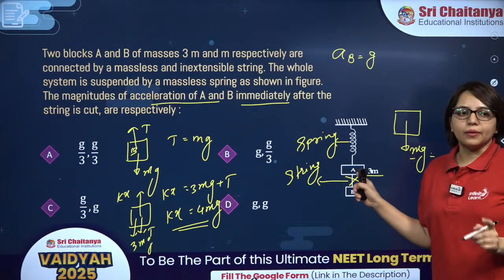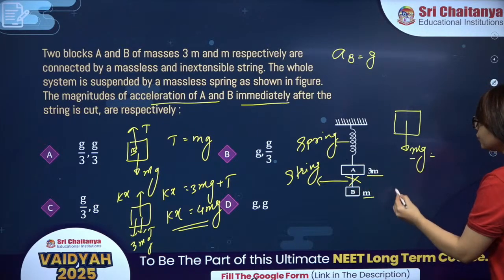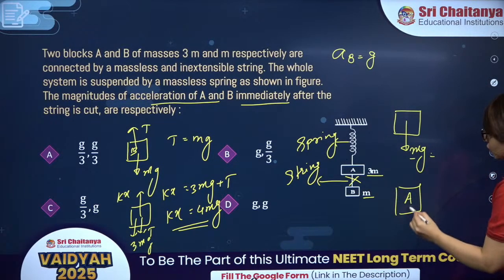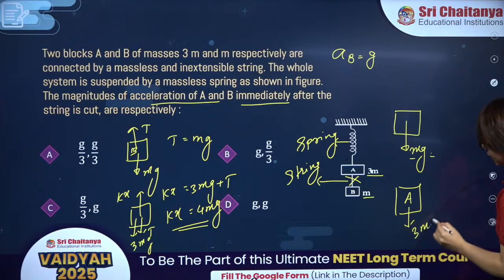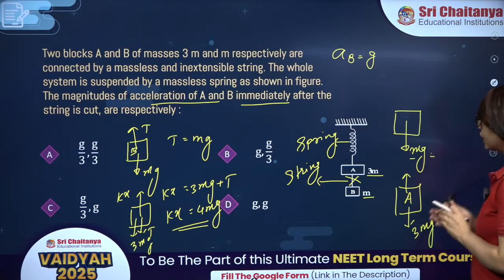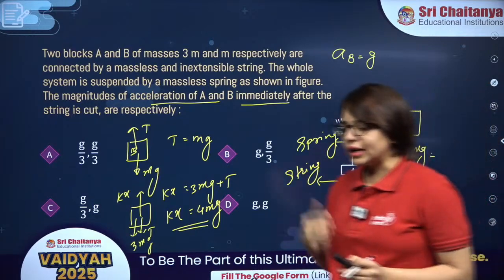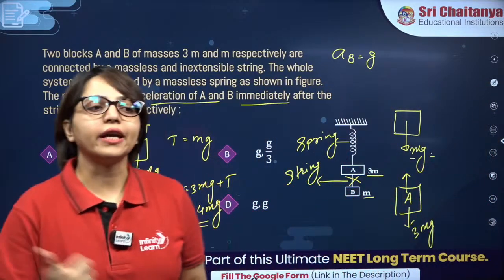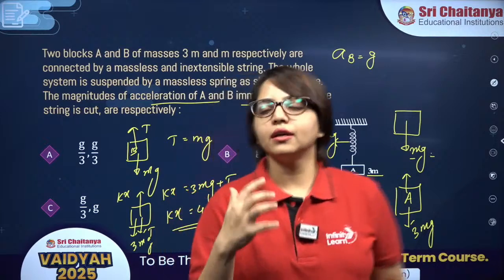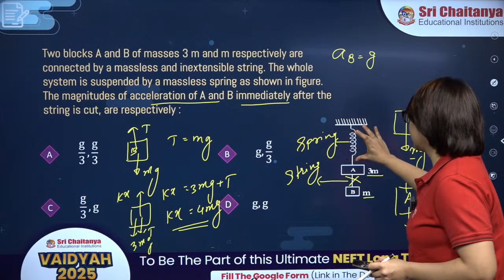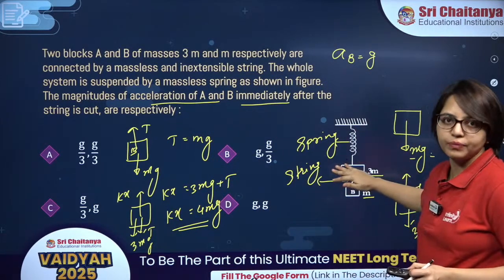But when you look at A, it is having 3mg downward, and when you cut the string, immediately the spring will not regain its natural length. It takes some time to regain the natural length, unlike a string, right?